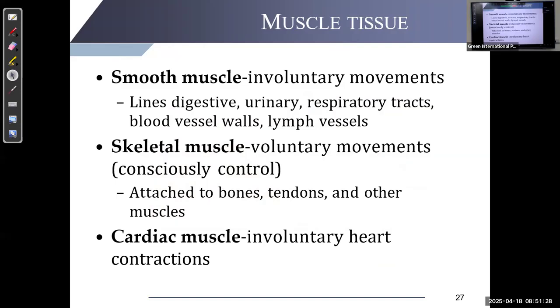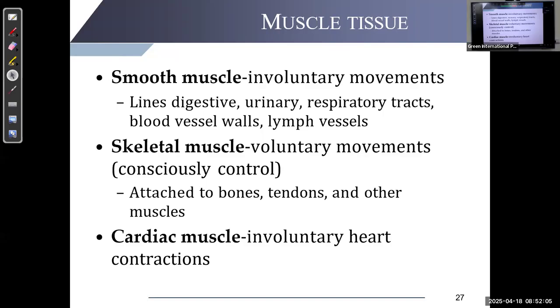As I told, there are two movements of muscle. One is voluntary, another one is involuntary. So smooth muscle, involuntary movements. Where are these found? Involuntary is without your control. So respiration, when it is happening, you are not controlling it. It is just happening. It is situated in respiratory, urinary, all those, it is automatically functioning. Then we have skeletal muscle.